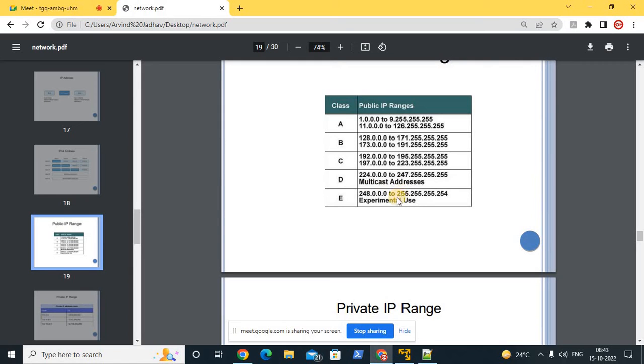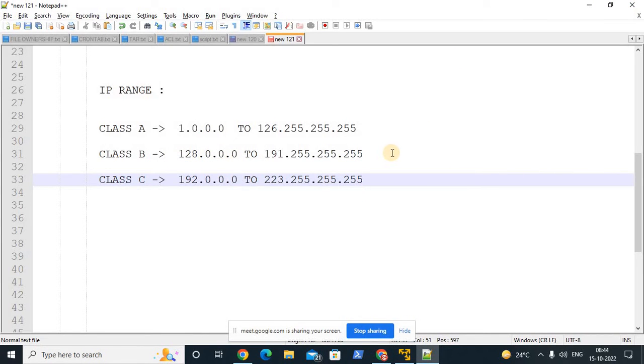It is a multicast address, and class E is for experimental or future use. So remember that this range is available. I will share this PPT with you when it is completed, and you can create your own notes. So these are the general ranges of class IPs.